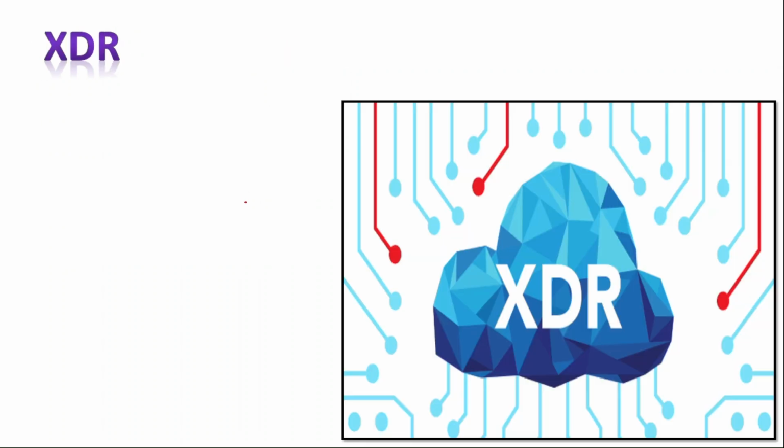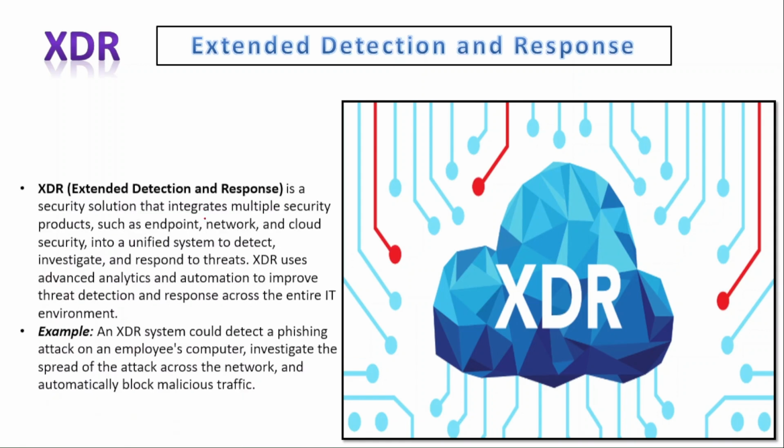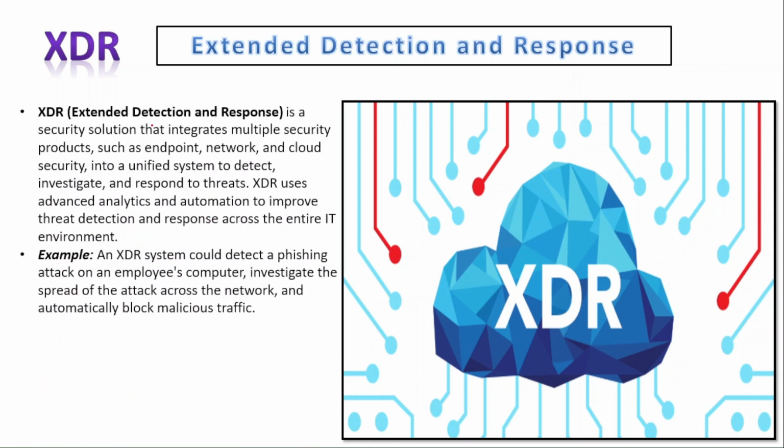XDR, that is extended detection and response. So XDR is a security solution that integrates multiple security products such as endpoint, network, and cloud security into a unified system to detect, investigate, and respond to threats.